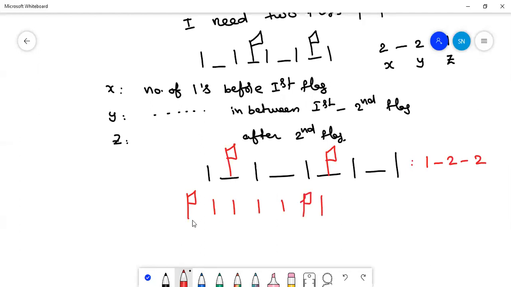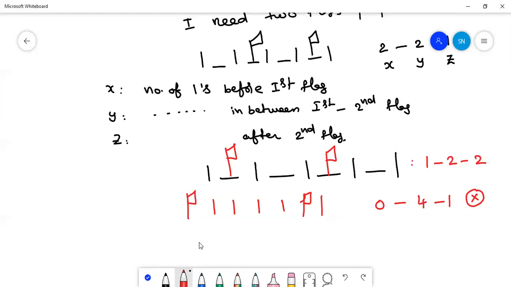So the number of ones before the first flag is 0, in between first and second is 4, after second is 1. So this is not a desired solution. Why? Because we are looking for positive integral solutions. X, Y, Z each is greater than 0. So this is not a possible case.